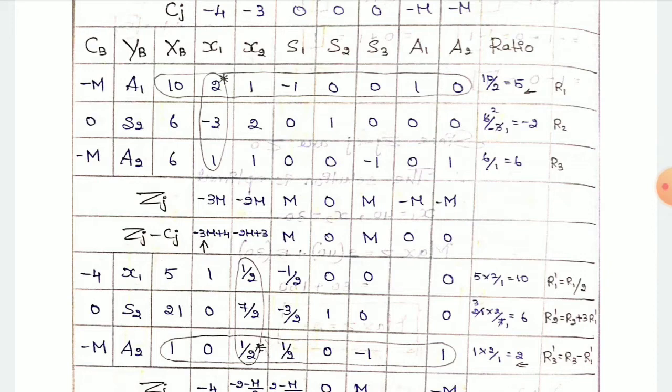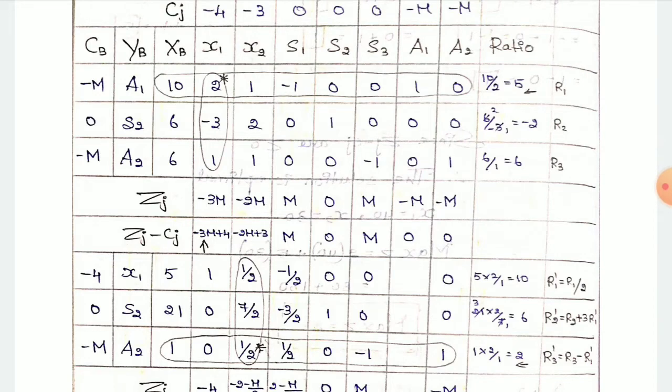So using the first constraint you have to fill the first row: 10, 2, 1, minus 1, 0, 0, 1, 0. Similarly for the second constraint, the right hand side value will be 6. So the remaining are minus 3, 2, 0, 1, 0, 0, 0. The third one, 6 is the right hand side value. The next thing is 1, 1, 0, 0, minus 1, 0, 1.